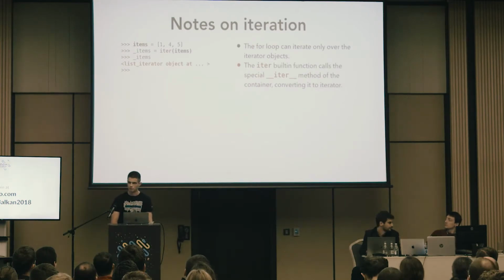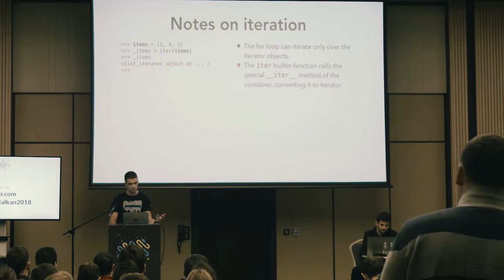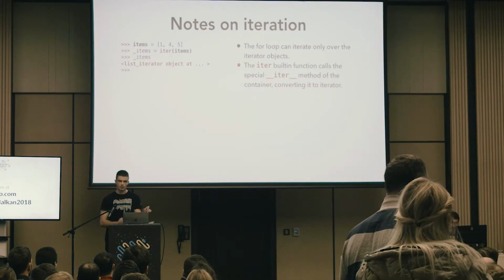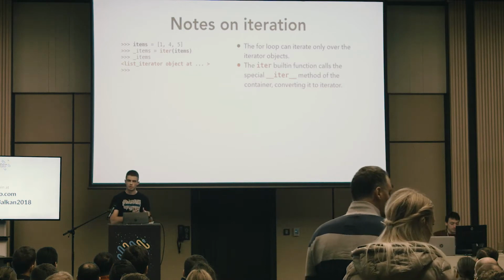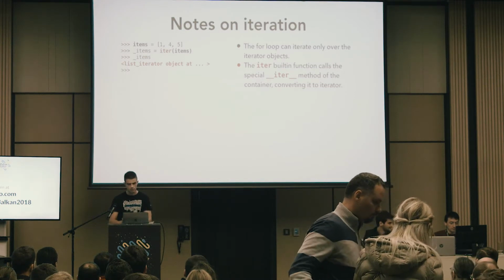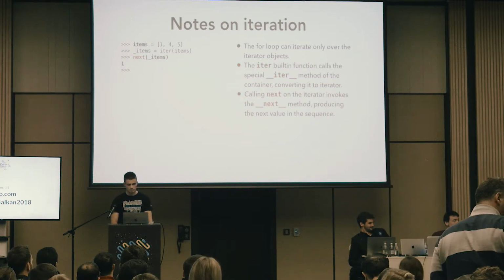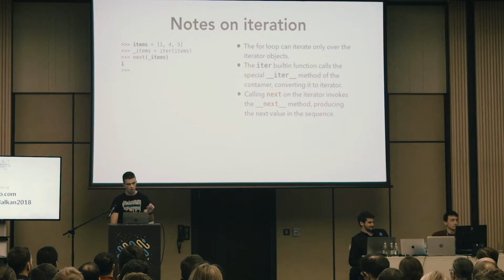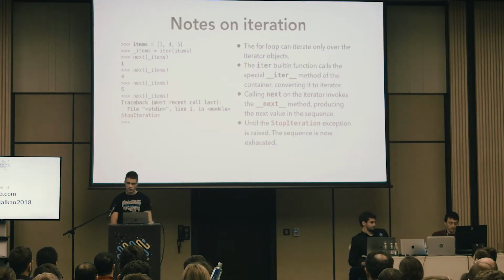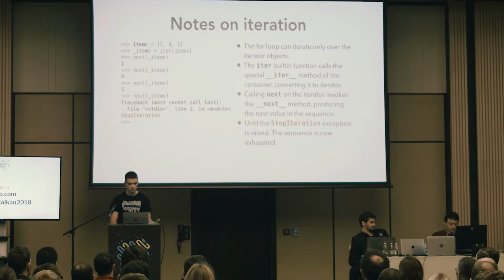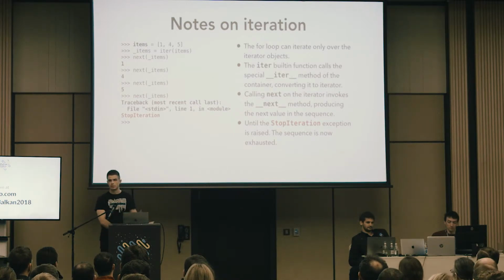This is basically how the for loop works. You get an iterator from the object you try to iterate through, because the for loop doesn't iterate over the original objects or containers themselves. Then you call next on the iterator, and every next call gives you the next value, until the sequence is exhausted, in which case the StopIteration exception is raised.